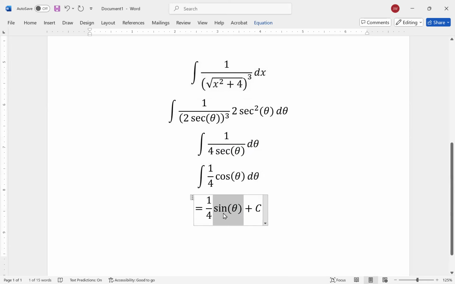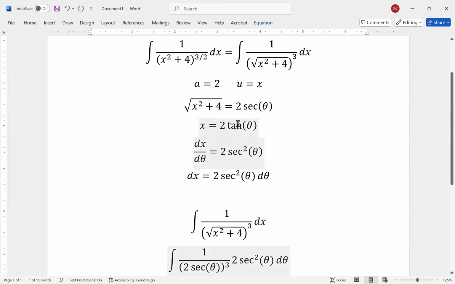So I need to rewrite this sine of theta with respect to x. That's a little bit tricky here because x was equal to 2 tangent theta, and this weird square root was equal to 2 times secant theta. So how do we get sine out of tangent and secant?